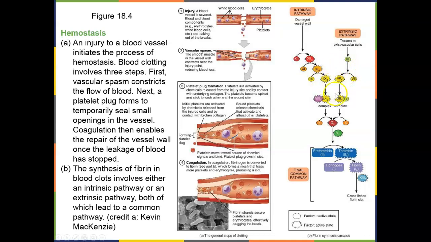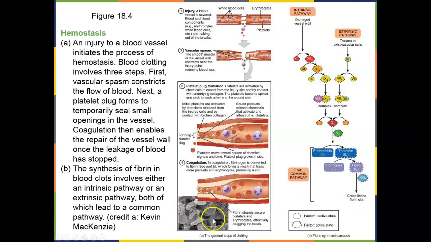In both cases, though, we eventually lead to the common pathway where prothrombin is converted into thrombin, and thrombin is what is needed to convert fibrinogen into fibrin, and fibrin is what forms the meshwork of that blood clot.